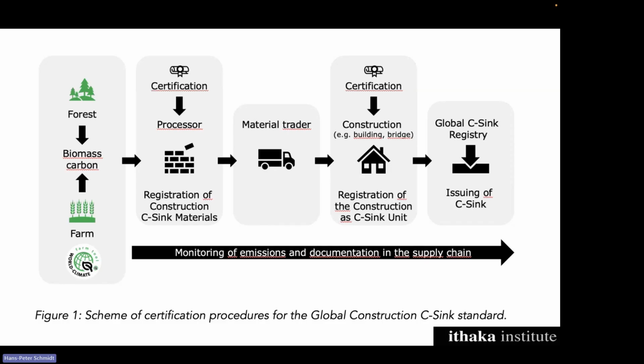So you have, as you can see here, 5 units of the standard. And the first unit is where the removal happens, where the carbon dioxide gets out of the atmosphere. That is where the biomass carbon is built or is grown.